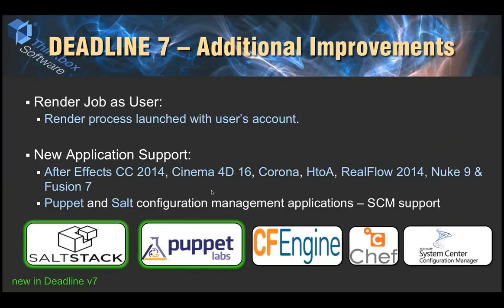If so, this machine is idle because Deadline has just told me it's idle, so we can then react accordingly. And so we're playing really, really nicely now, moving towards the future with SCM solutions.